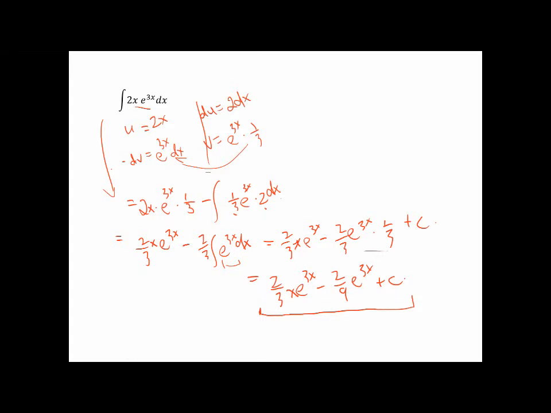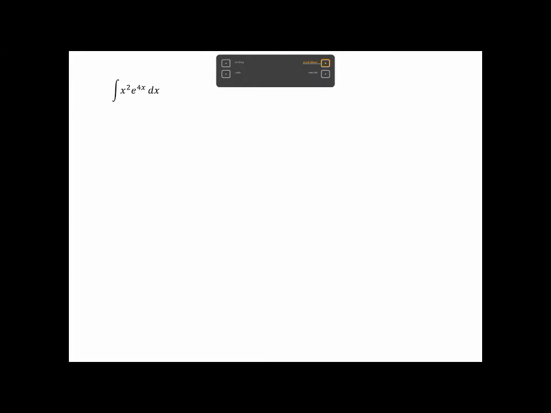I do the same thing: I put e to the 3x at the dv position. See the next one. Again, e to the 4x. So I want to find u and dv. I put e to the 4x dx here. What is left is x squared.